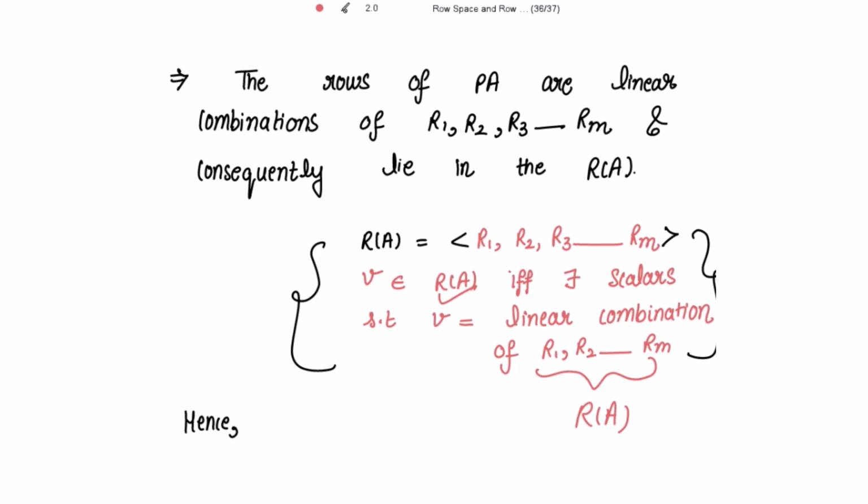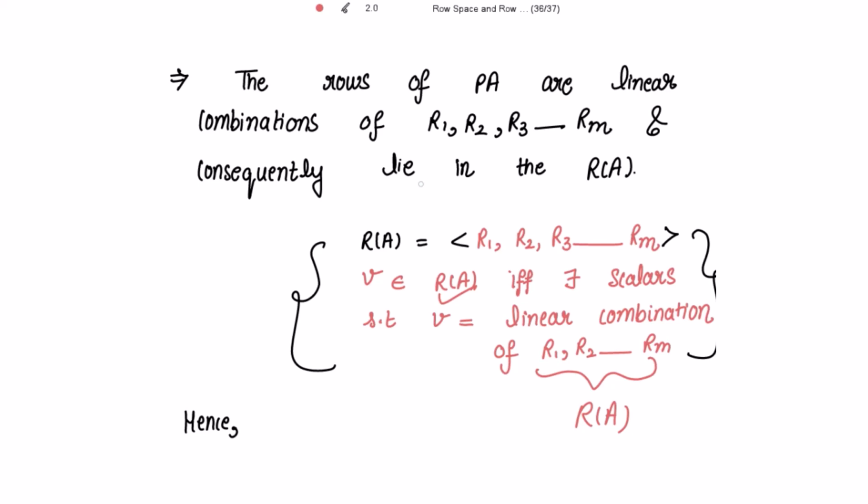If v can be written as a linear combination of the generators of Ra, then this v must belong to this Ra, right? So from here we can say that the rows of PA are linear combinations of R1, R2, R3 up to Rm. As these are linear combinations of the rows of A, all these rows of PA will belong to Ra, right?